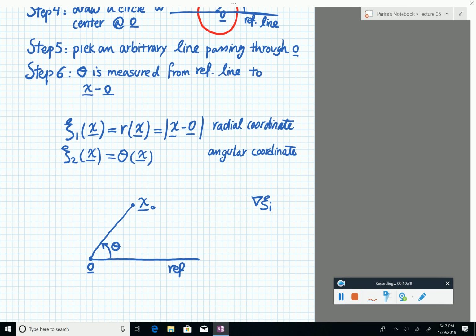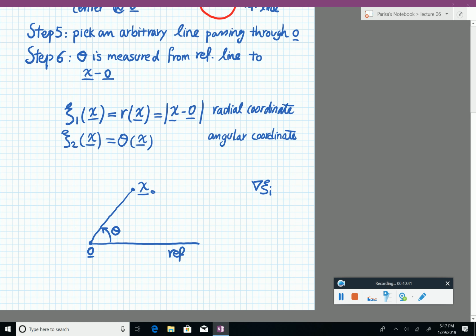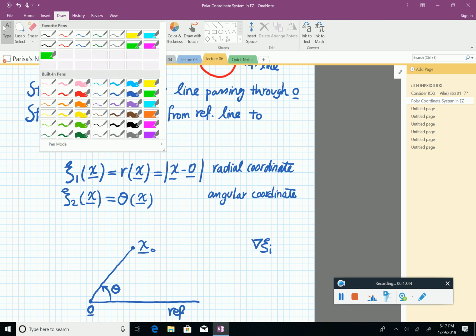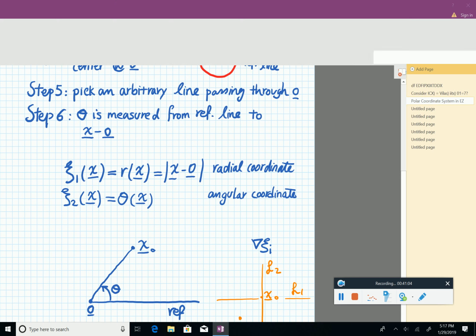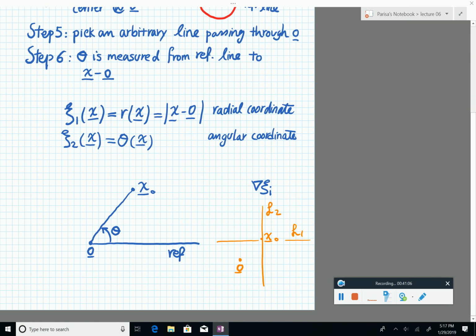So in Cartesian coordinates, it looks like the orange. If you remember, in Cartesian coordinates, we also had this O, and then we had x0. Do you remember anything about this L1 and L2? I asked you to figure that out, and then we saw that the gradients of the coordinate functions are tangent to these lines.